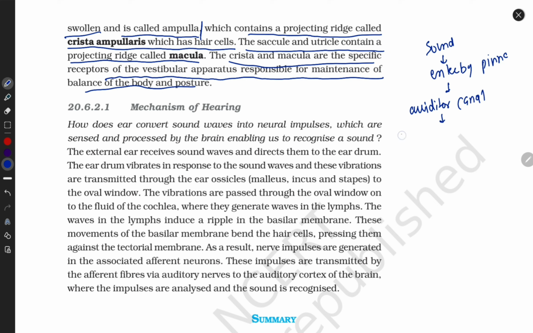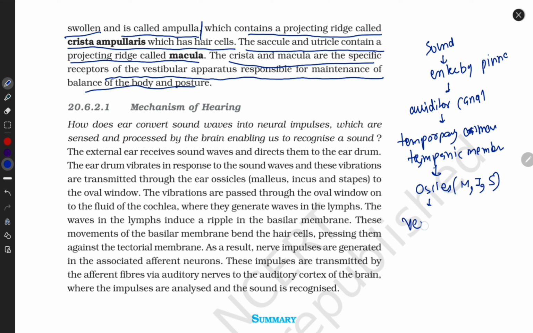The auditory canal passes the wave and sound towards the tympanic membrane, and this sound goes towards the three ossicles: malleus, incus, stapes, then the vestibule, and then the cochlea.